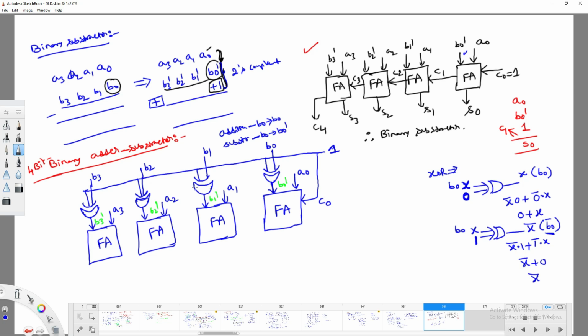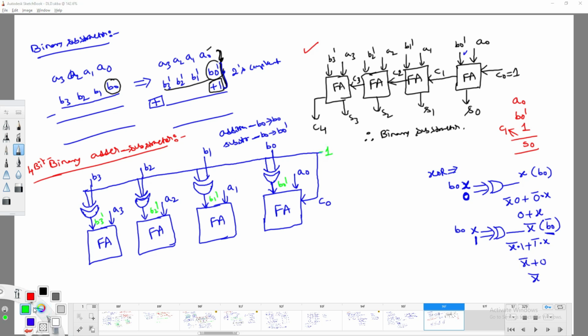Okay, fine. If you observe clearly, this same circuit will also act as an adder. If I pass 0, what is going to happen? I will make it clear for you. As I passed 1, it is acting as a subtractor.